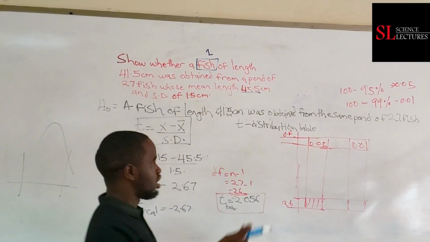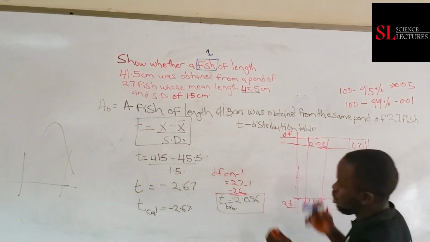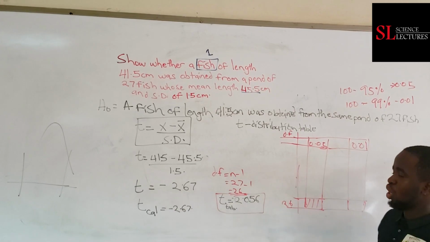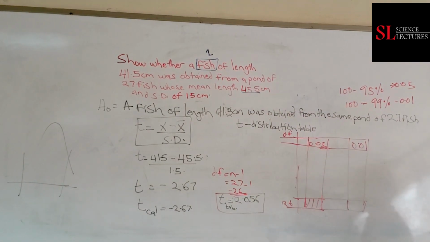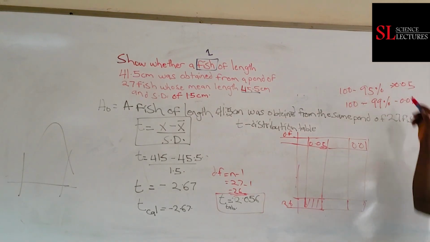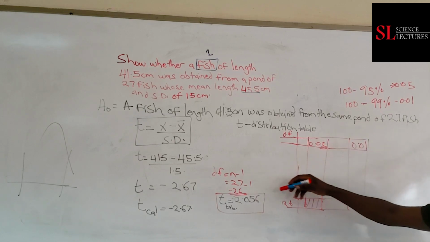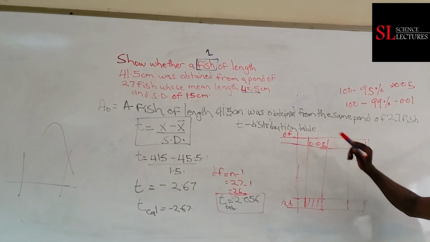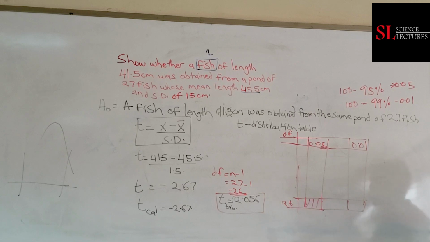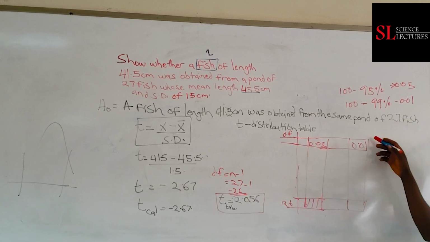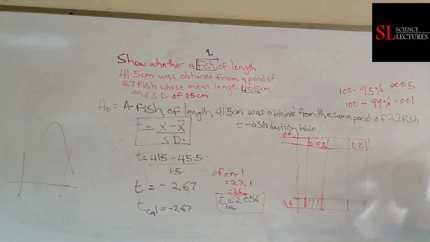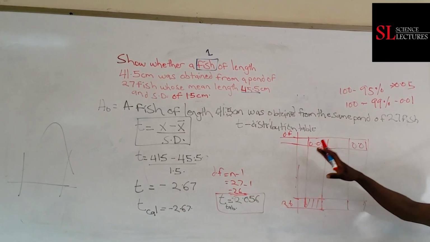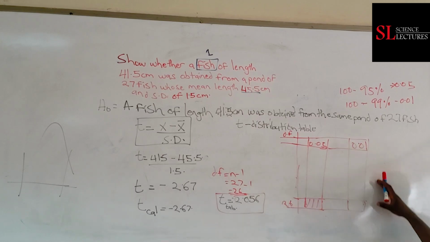Very important to note: before you go to the tables, you obtain the degrees of freedom, which is n minus 1. In this case we had 27 as our n. We subtract 1, we get 26, and I decided to read it off at 0.05, which is our confidence interval. So the value that I got where 0.05 and 26 meet was 2.056, and since this is a two-tailed test, it can be positive or negative. Another person can decide to use 0.01.